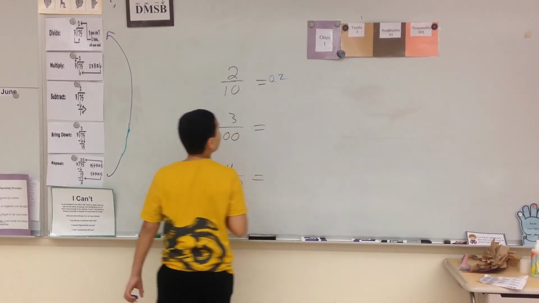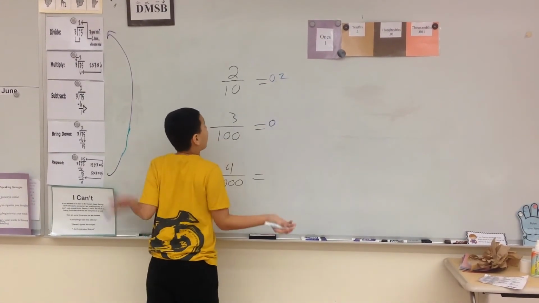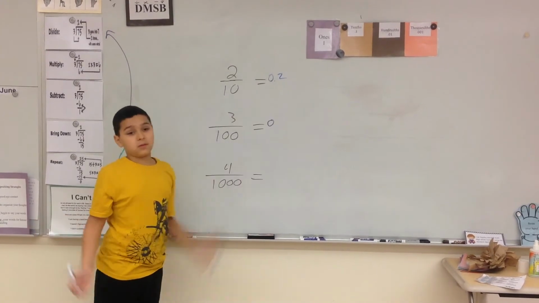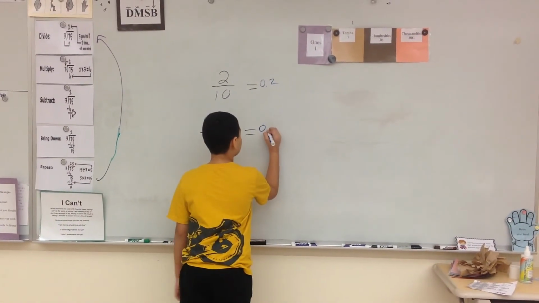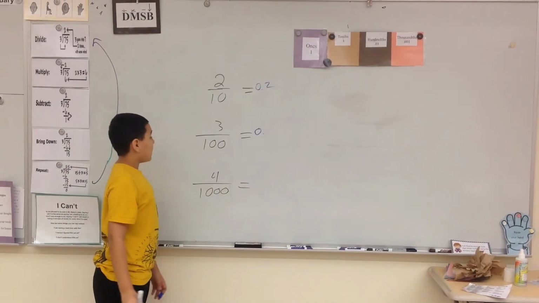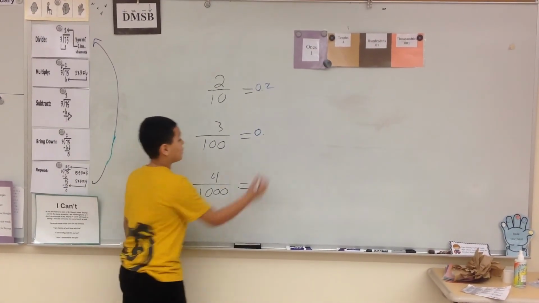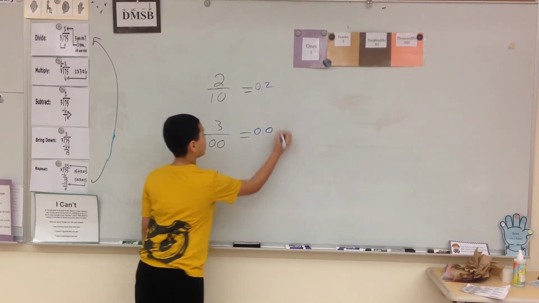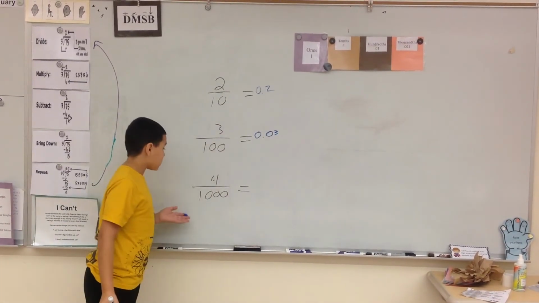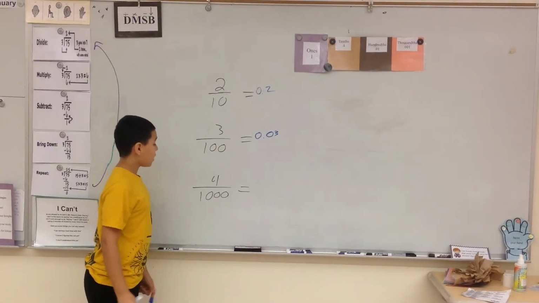So we put the 0 because I don't have any wholes. So I put the point there, and then I see that I have a 3 here, so I need to put another 0 and put a 3. Now we need to go 4 over 1,000.